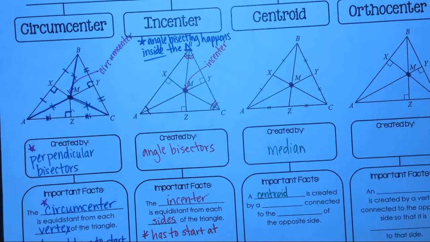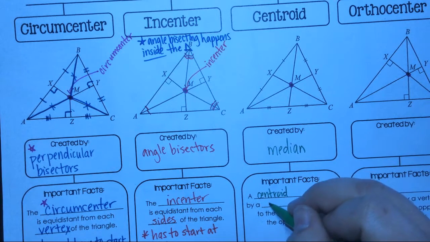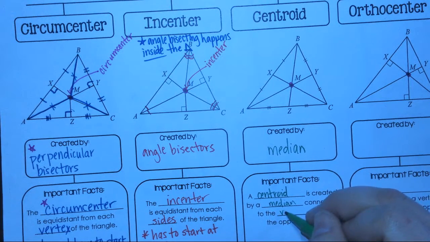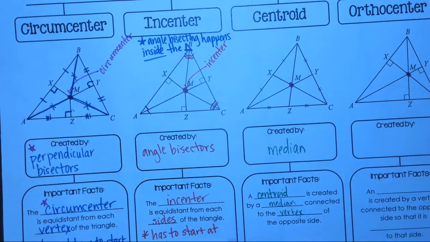is created by a median connected to the vertex on the opposite side. So while we've never talked about the word median, you kind of already know what it is from hearing that word. What does median sound like? Middle.